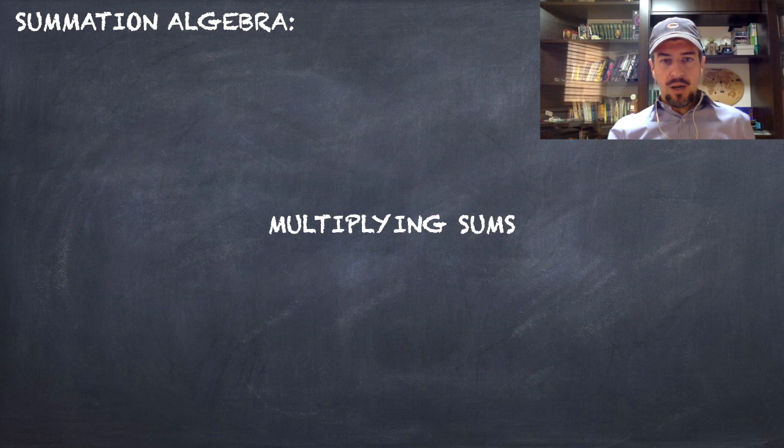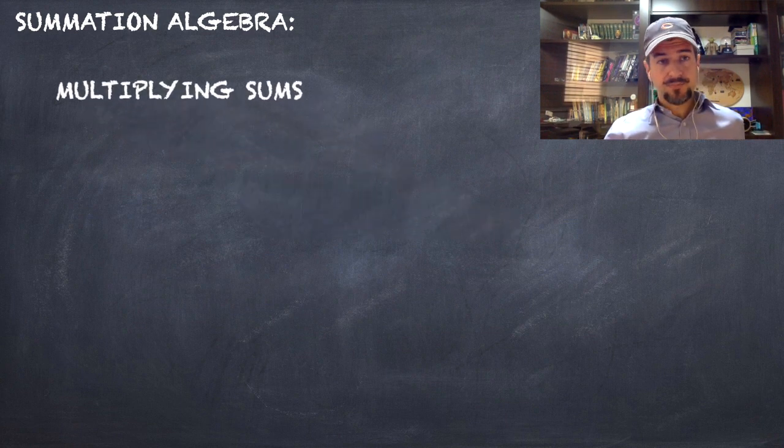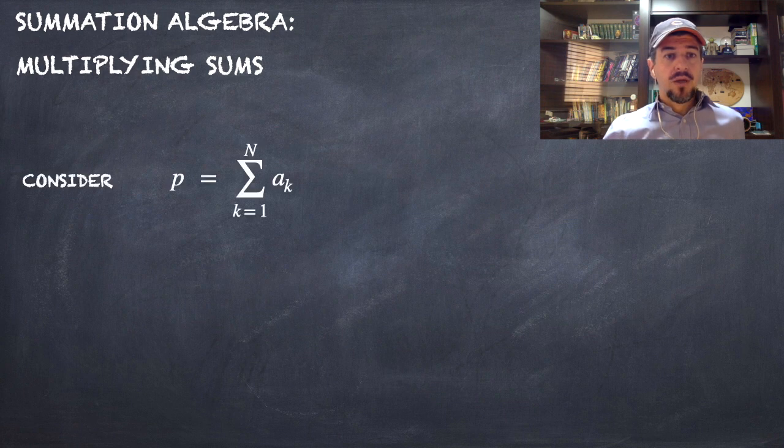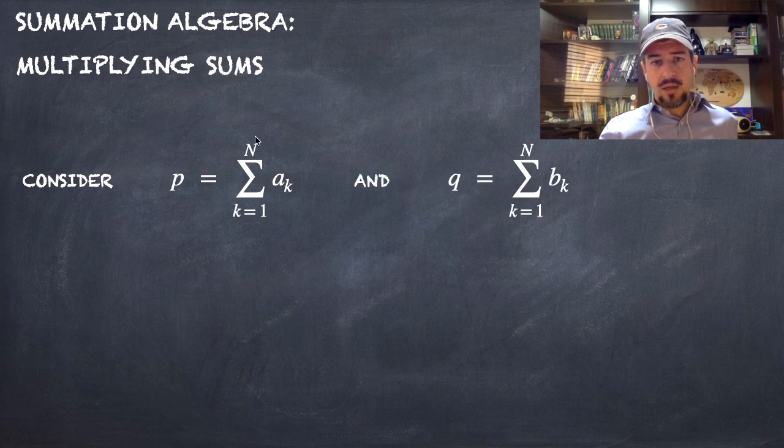Another algebra: we will multiply sums. Consider this sum, which is equal to the letter p, the summation of a_k, k going from 1 to n, and q being the summation of b_k, k from 1 to n. You know, this k is a dummy index. The summation does not depend on the letter k.